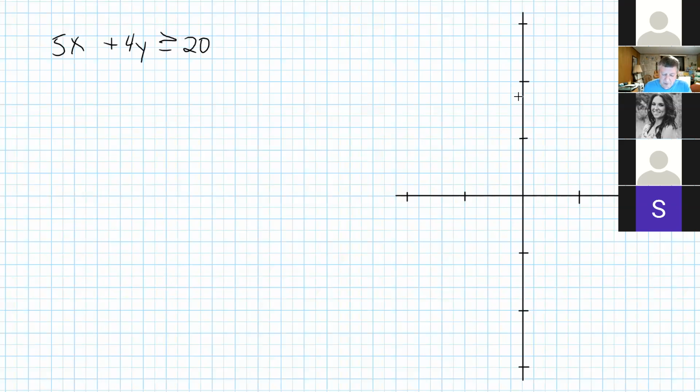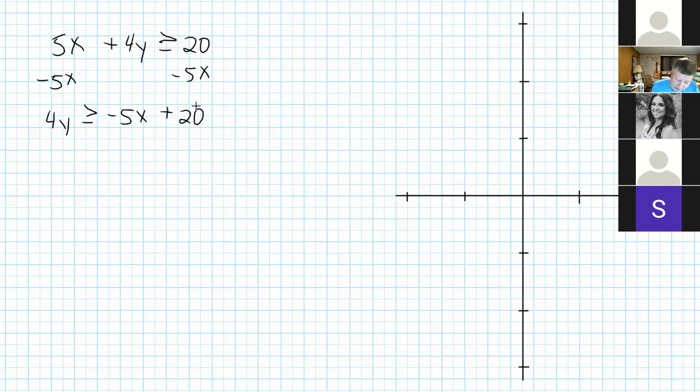All right? So here we've got 5x plus 4y greater than or equal to 20. I'm going to put this in slope-intercept form. So I'm going to subtract 5x from both sides. I get 4y greater than or equal to negative 5x plus 20.